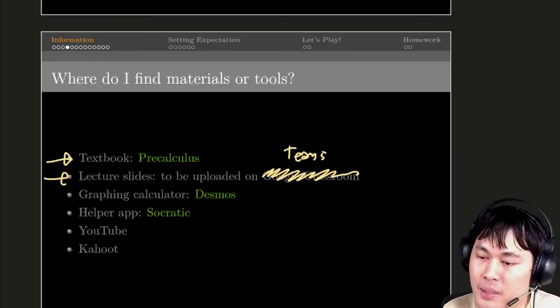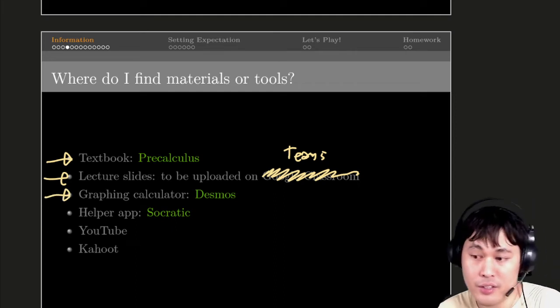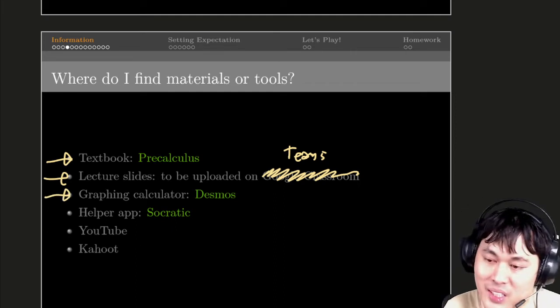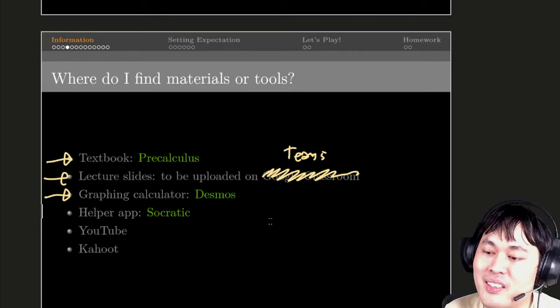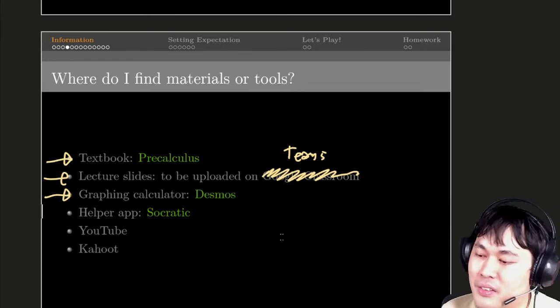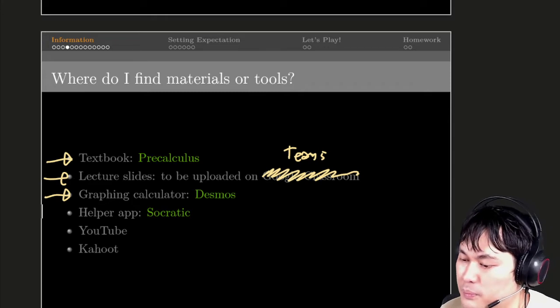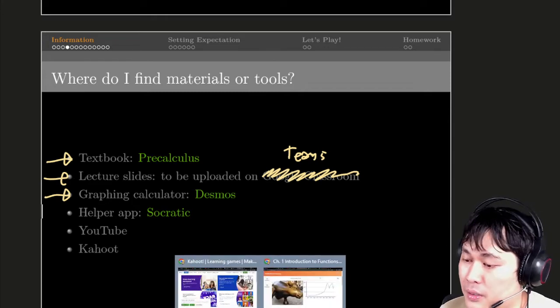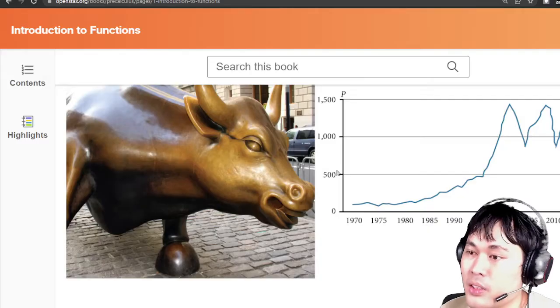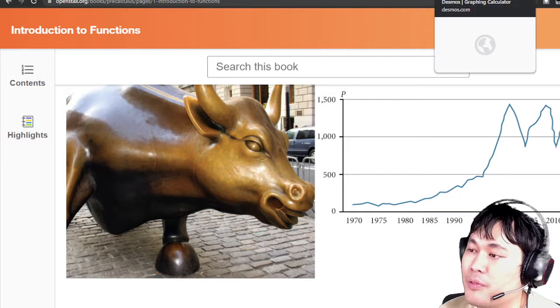Next we have the graphing calculator. We're going to use graphing a lot because we need to compute things, see functions and find points. That's the link to Desmos. This one is pretty famous. You might even have seen it somewhere else before.